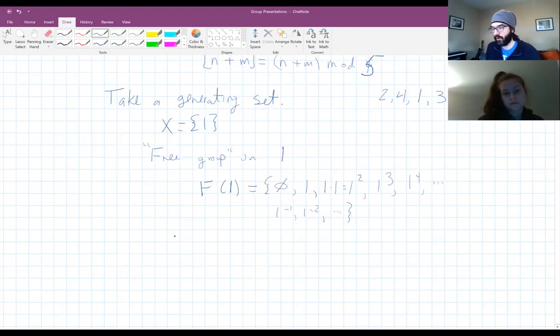So there is a homomorphism that goes from this free group on the symbol 1 to Z5, that takes the symbol 1 to the class of 1. It's not really a class yet, to the element 1 inside Z5. Now, what's the kernel of that homomorphism?